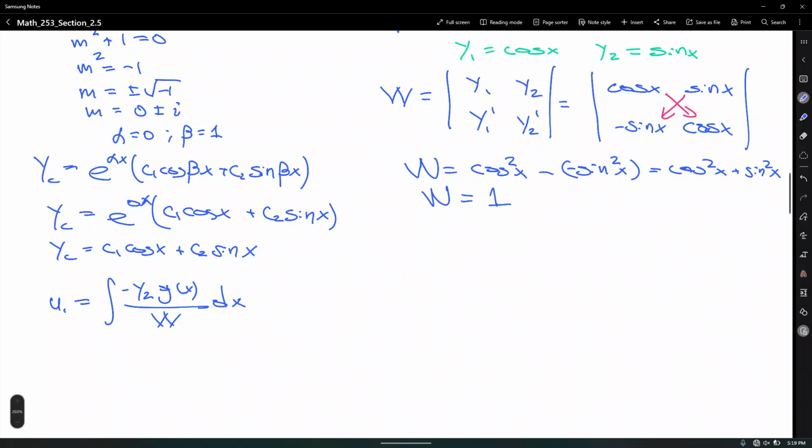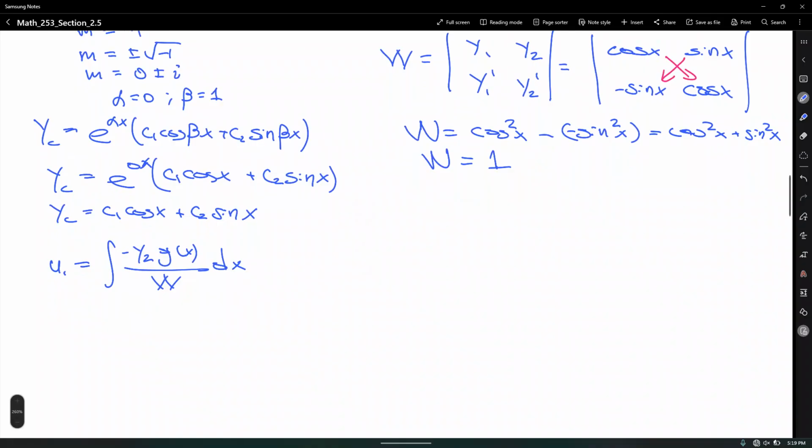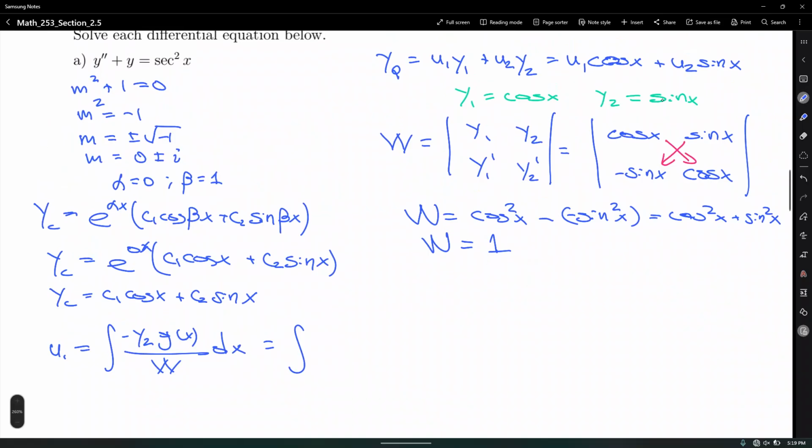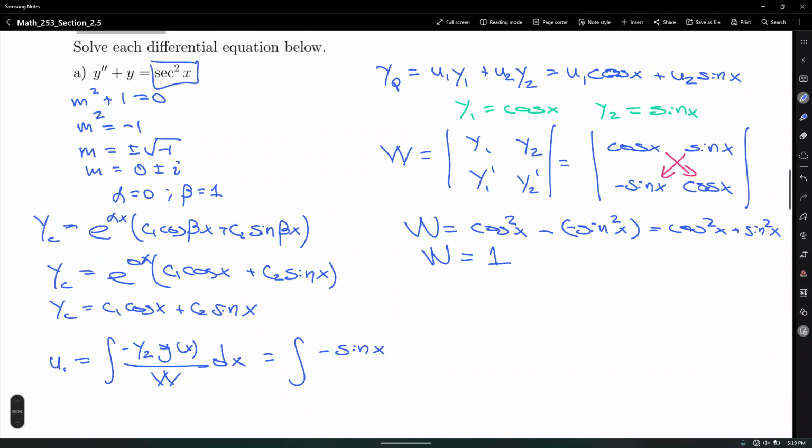Which in this case is the integral of y2, what's y2 again? Isn't that sine? So negative sine x times g of x. g of x is secant squared, the right-hand side of the given differential equation, which is secant squared x, everything divided by the Wronskian, which nicely equals 1.